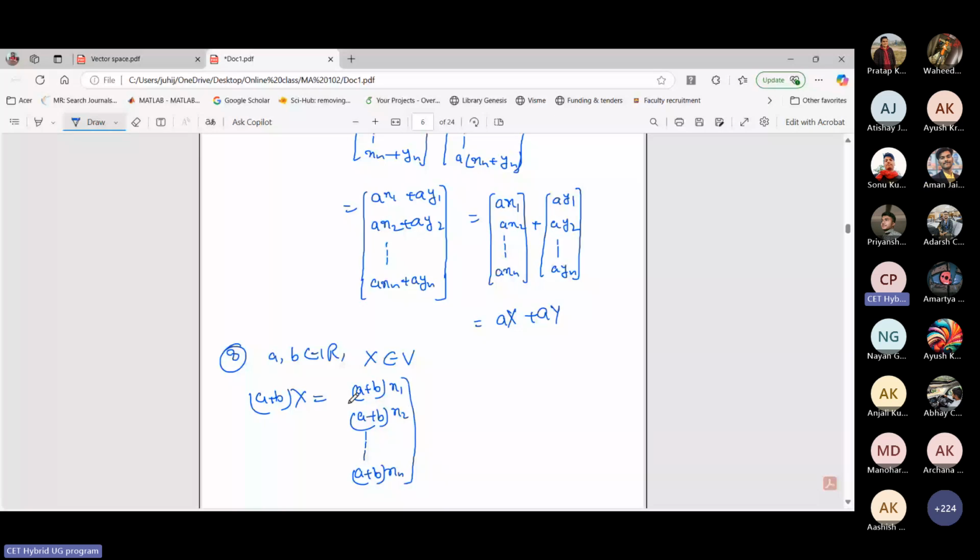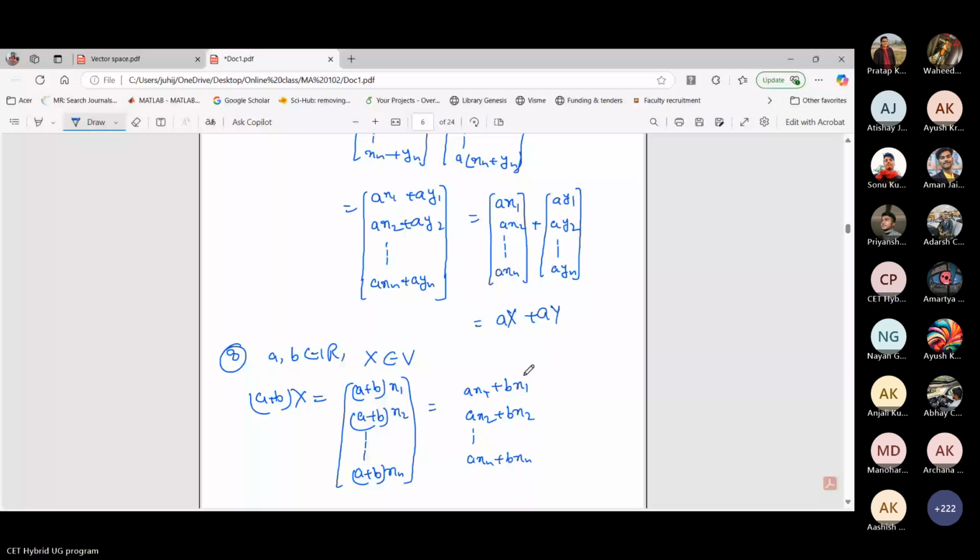Again, by utilizing the property of the real number set, because it forms a field, distributivity of multiplication over addition of field, that property. Can I write this one as AX1 plus BX1, AX2 plus BX2, up to AXn plus BXn?